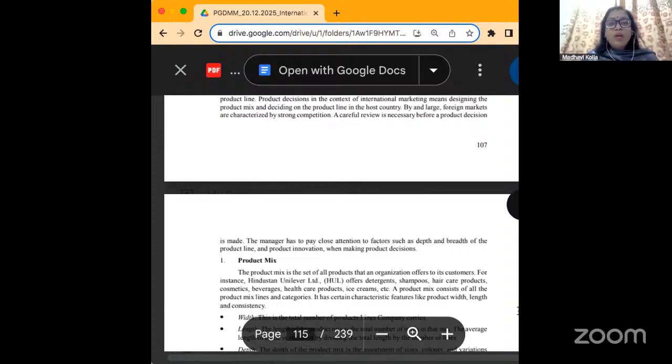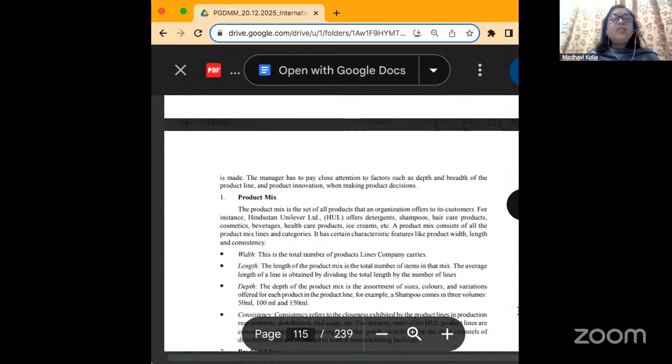Companies from my own country, companies from other countries, and companies from the host country will be competing in the same space. So the competition is very, very strong. So a careful review is necessary before a product decision is made.